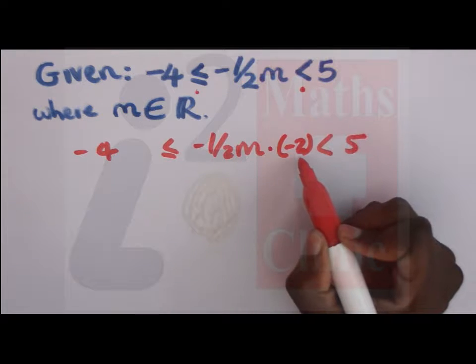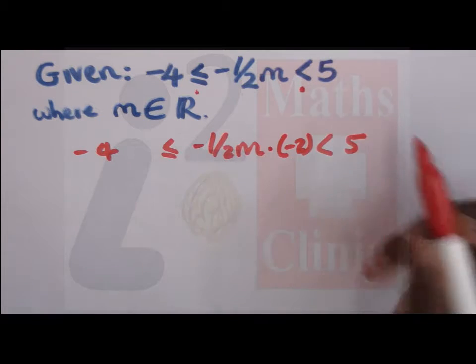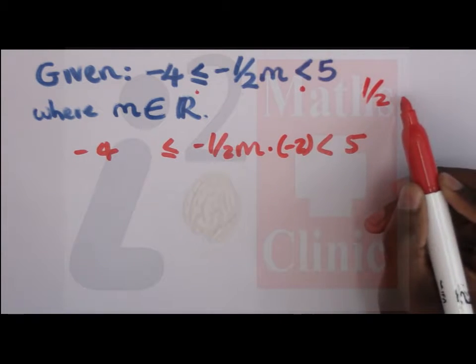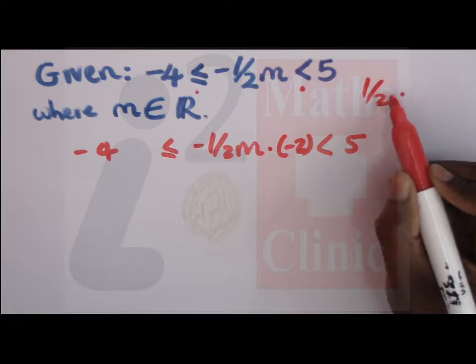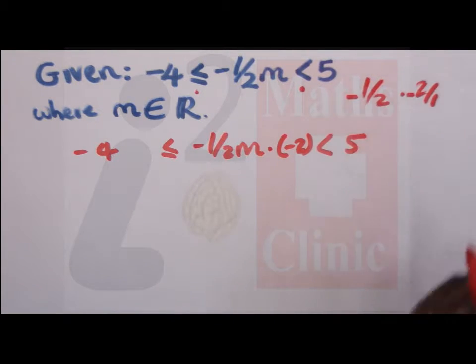Because negative 2 is the multiplicative inverse of negative 1 over 2. Negative 1 over 2 inverted is 2 over 1, and the negatives are kept, so negative 2.